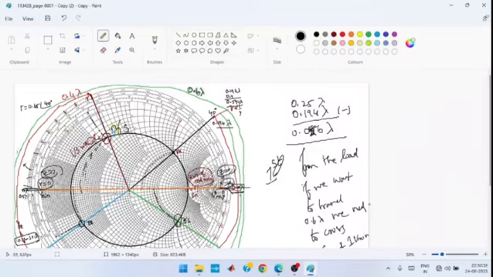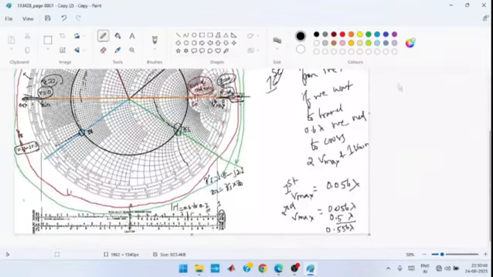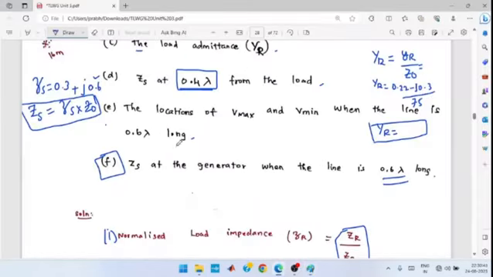One semicircle equals how many lambda? Yes, 0.25, right? So already we have 0.056 lambda. To this value you have to add 0.25 lambda. What is the value? 0.306 lambda. This is the location of V min.